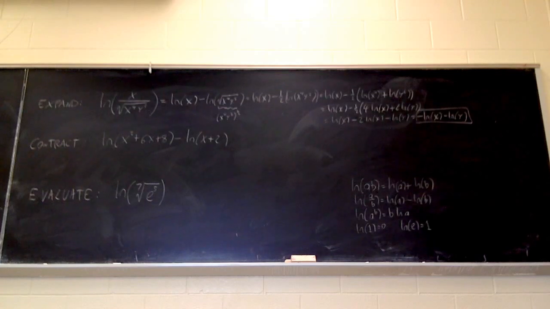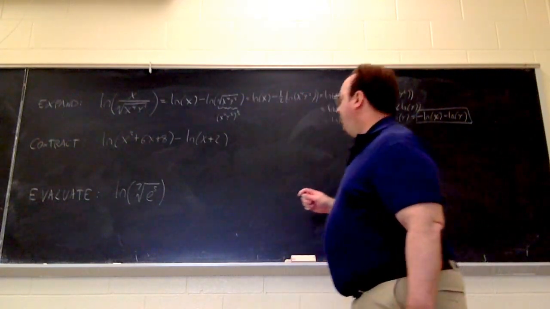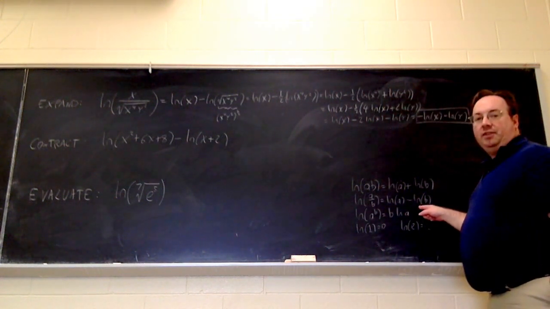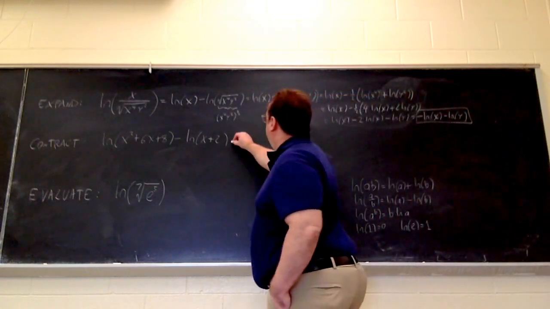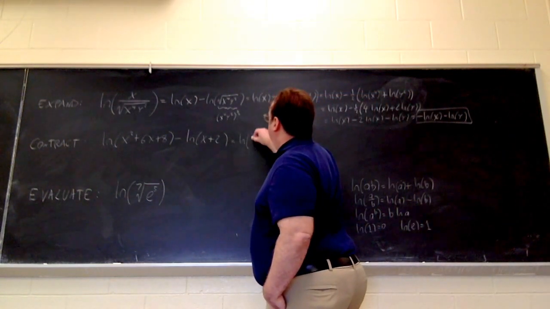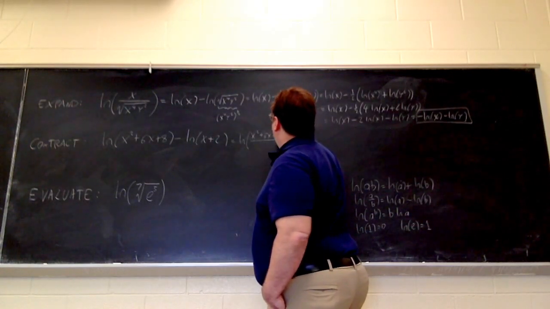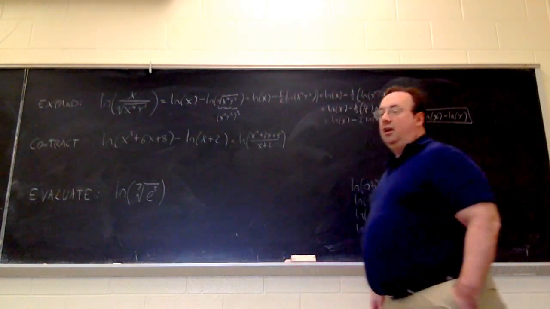Now for the second one, we're going the other way. So we have a difference of logs, and we use this property in reverse. A difference of logs is the log of a quotient. So this would be the same as natural log of x squared plus 6x plus 8 over x plus 2. So it's the log of that entire quotient.